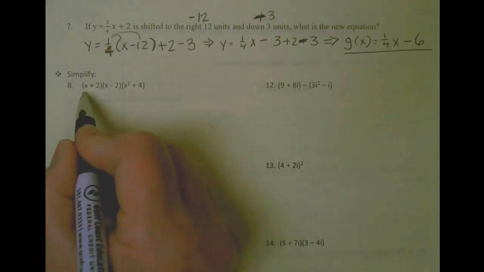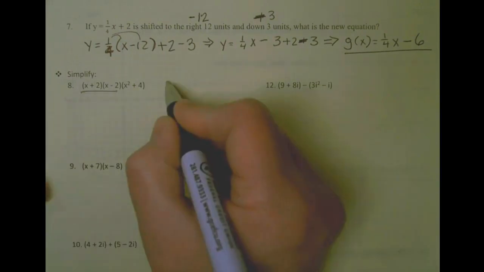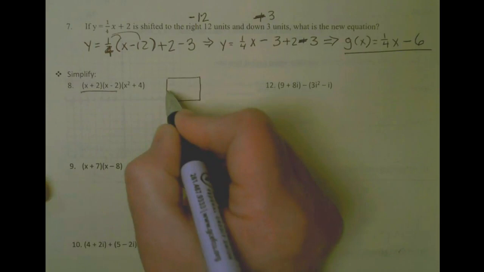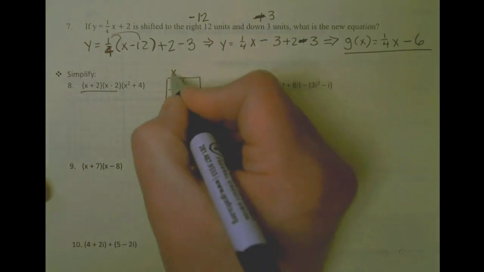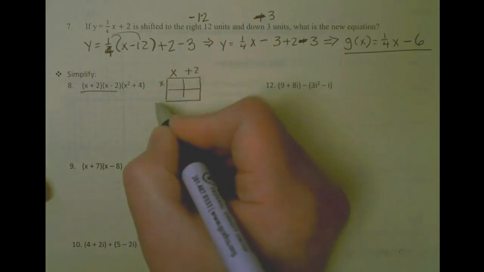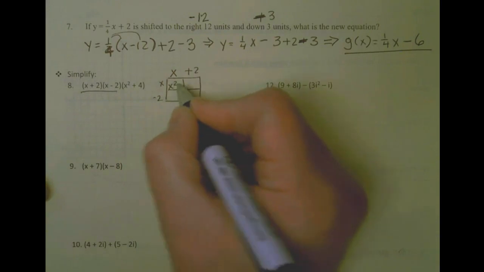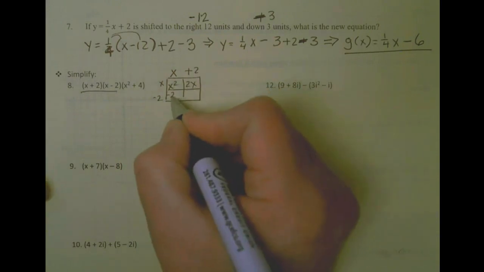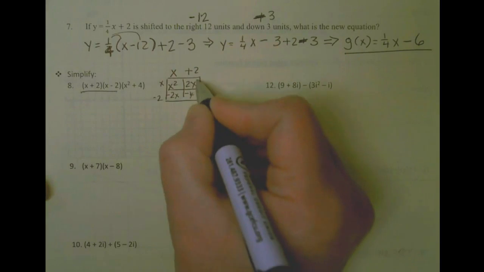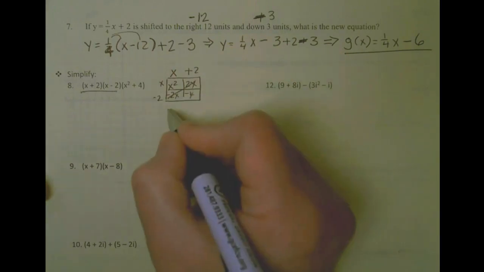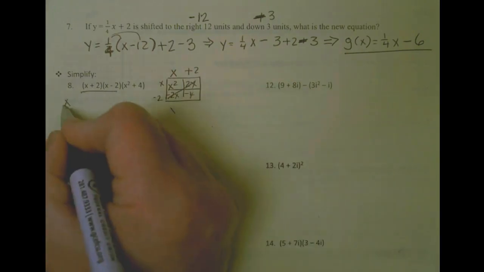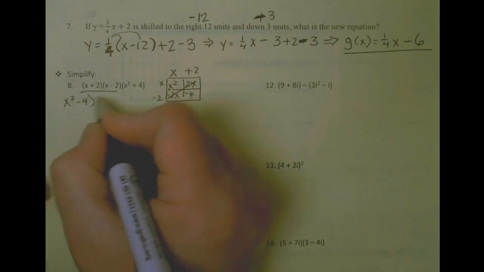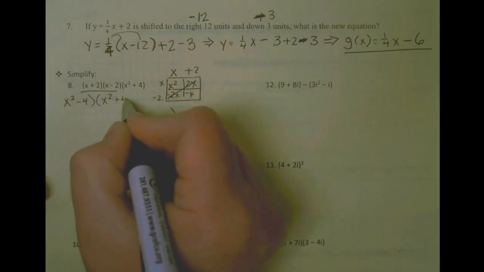In order to simplify this, I need to start with a box problem. This is going to be x squared plus 2x minus 1. This is going to cancel. This will be x squared minus 4 times x squared plus 4.